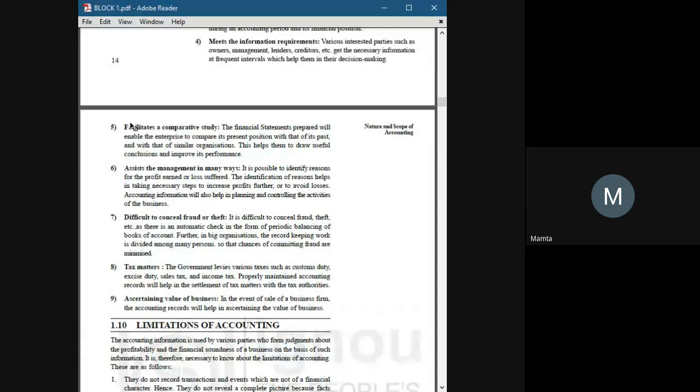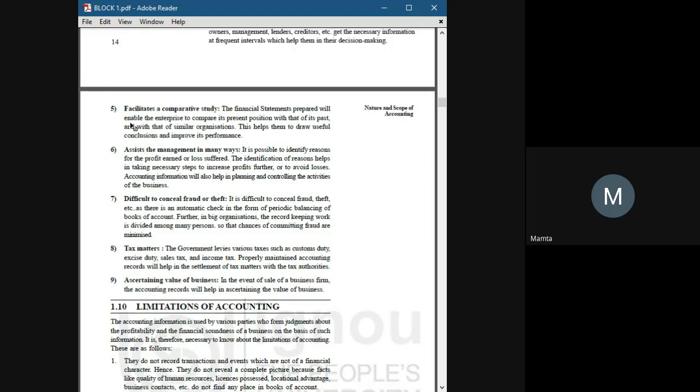It facilitates a comparative study. As we discussed earlier, we can compare our financial position with our last year's financial position or with other companies. It assists the management in many ways.